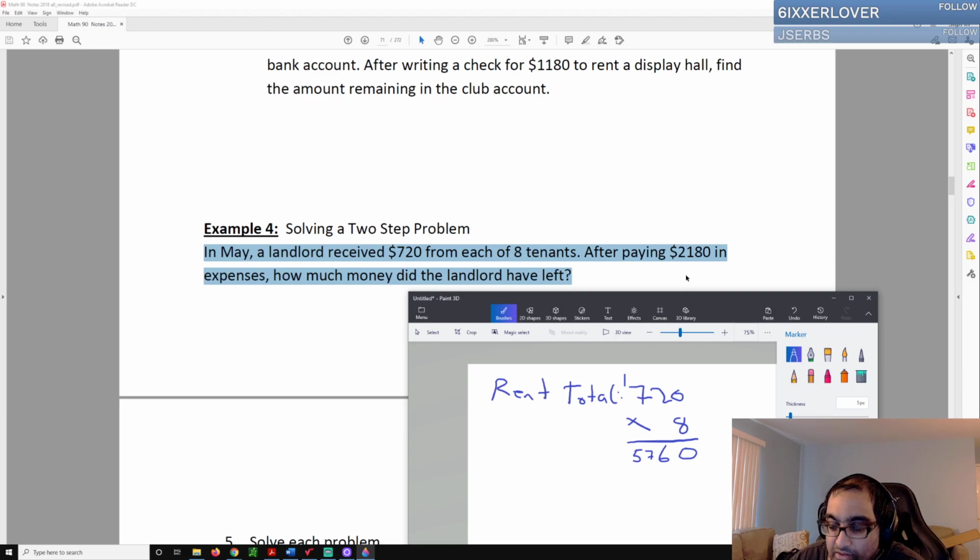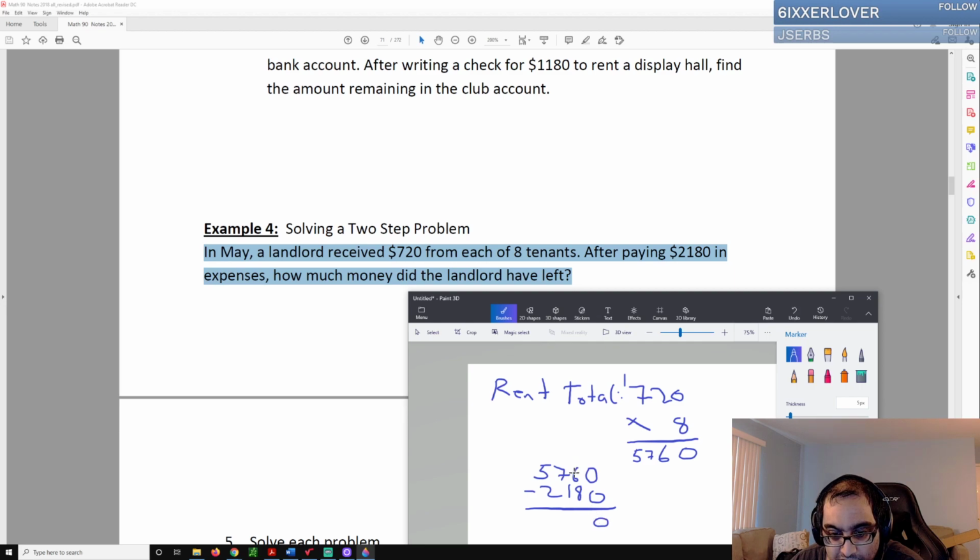Now, he or she needs to pay some bills for each of the units. So that's going to cost $21.80 total for all the bills, like gas and water and trash or whatever. So we're going to take our 57.60, and then we'll subtract 21.80 from that.